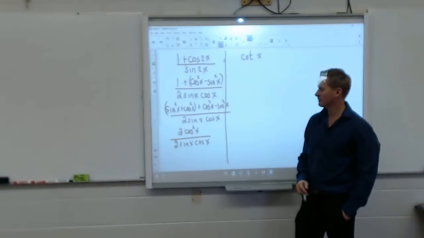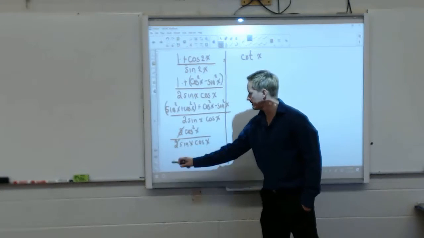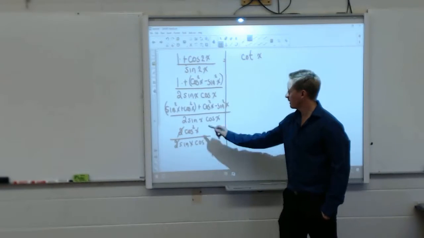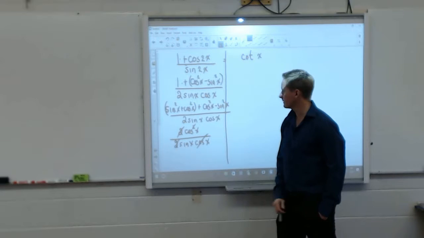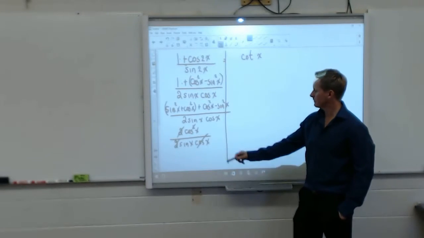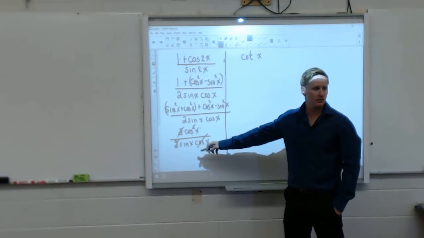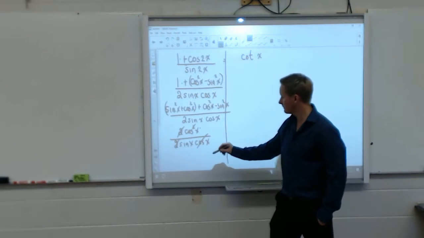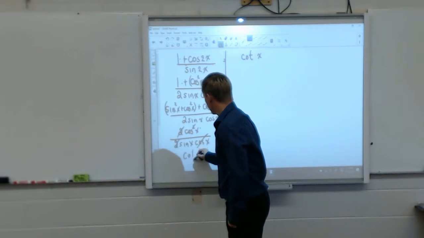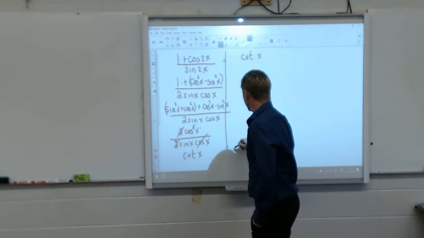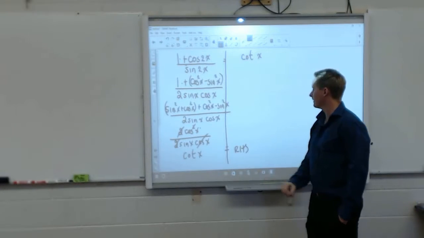Agreed? 2 divided by 2. Cos squared x over cos x. What am I left with? Cos x over sine x, which is done. Equals right hand side.